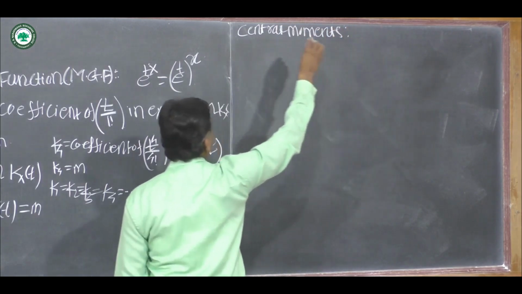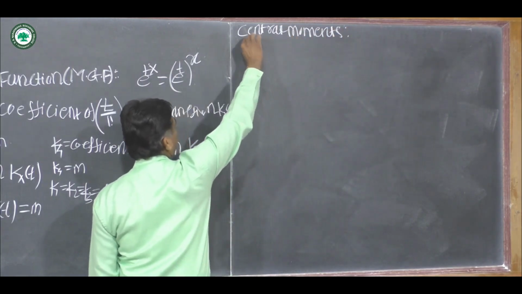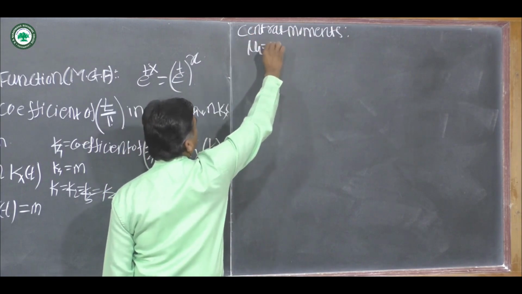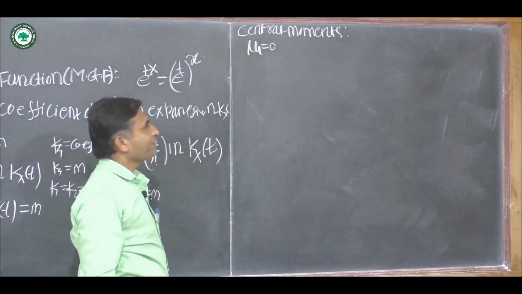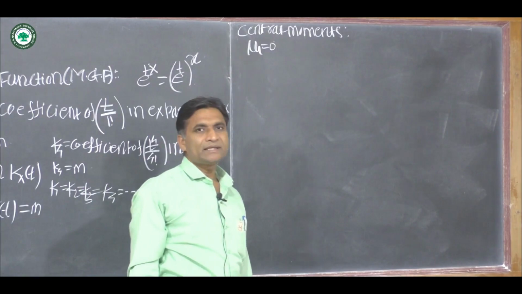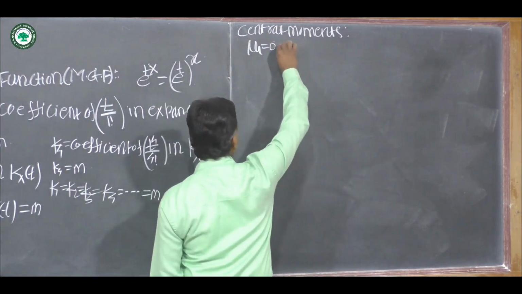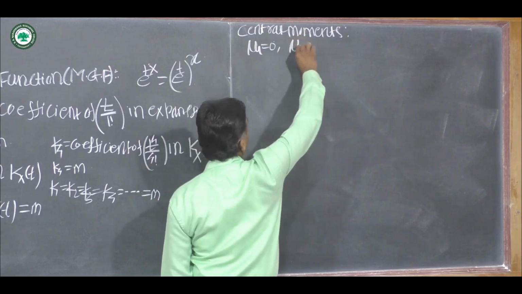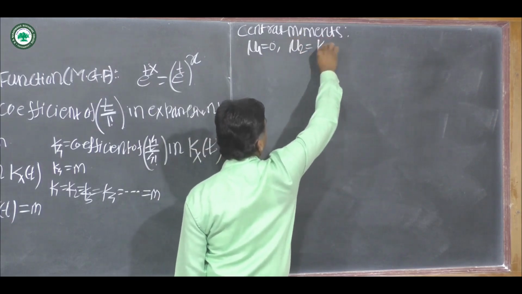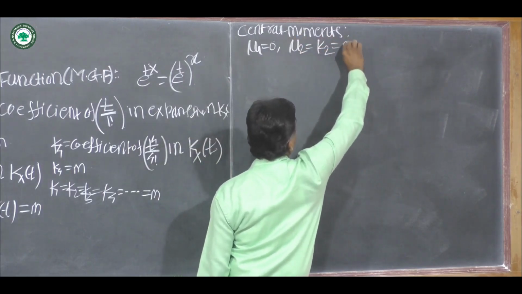Okay, now mu1, the first order central moment, is equal to 0, and that is always 0. Second one is mu2 is equal to K2 is equal to m.